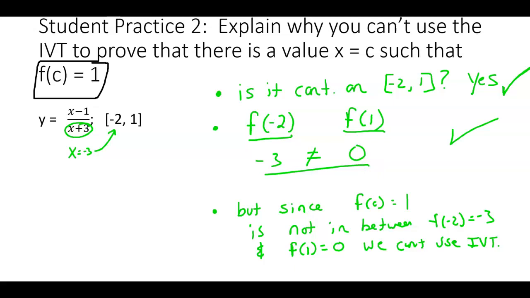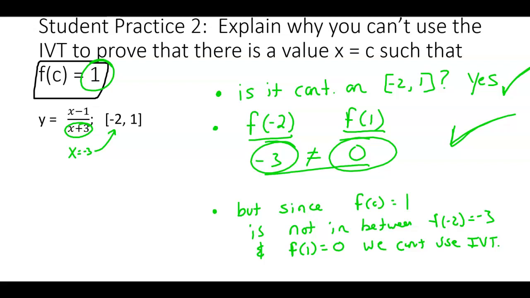Plugging in -2, I get -3. Plugging in 1, I get 0. So that's good too. So the reason it must fail is the last one. The last one is the fact that this y value is not between these two y values. And so that's going to be our answer. Since f of c equals 1 is not in between f of -2, which is -3, and f of 1, which is 0, we can't use the IVT.